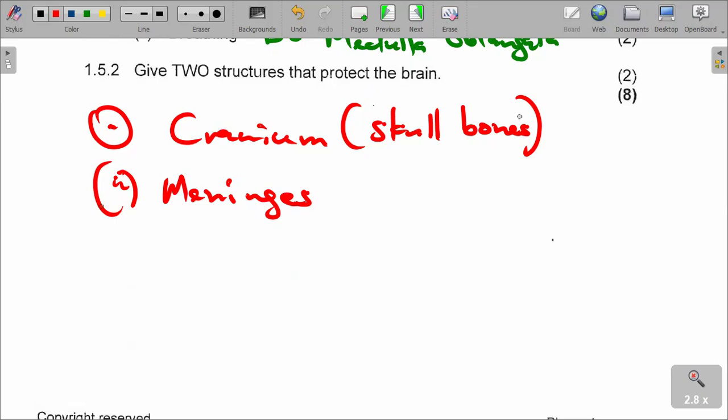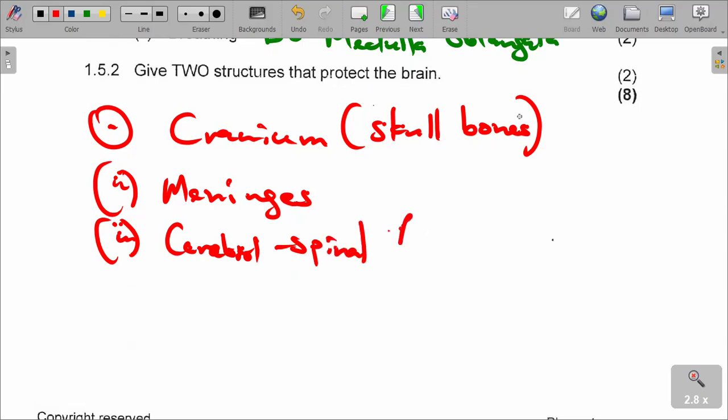And then we also want to talk about other protection. We can also talk about the cerebrospinal fluid, which is always given as CSF.